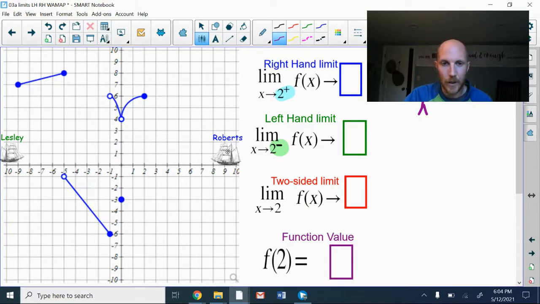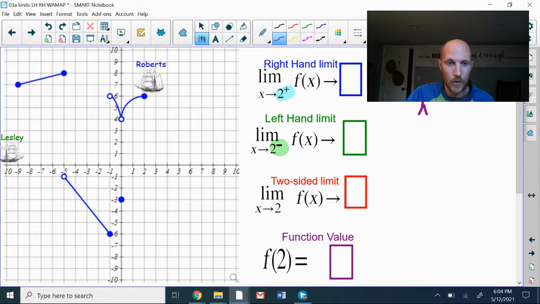So let's start at the right-hand limit up there at the top. As the Dread Pirate Roberts sails out of nothingness towards an x coordinate of 2, what height is the Dread Pirate Roberts approaching? Well, what is Dread Pirate Roberts actually sailing on? There is no graph over here.